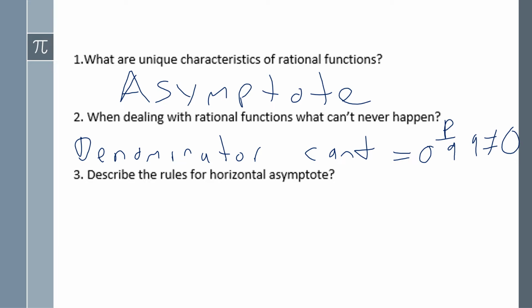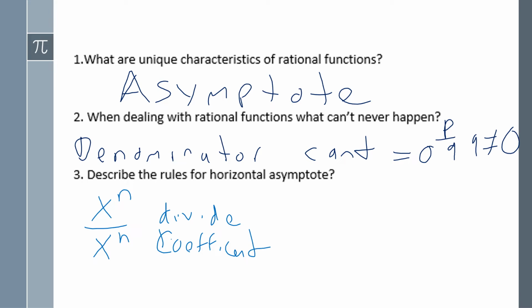Describe the rules for a horizontal asymptote. How would you find it? Well, when you have exponents being the same, you just divide the coefficients. When the exponent m is greater than n, you have no horizontal asymptote.